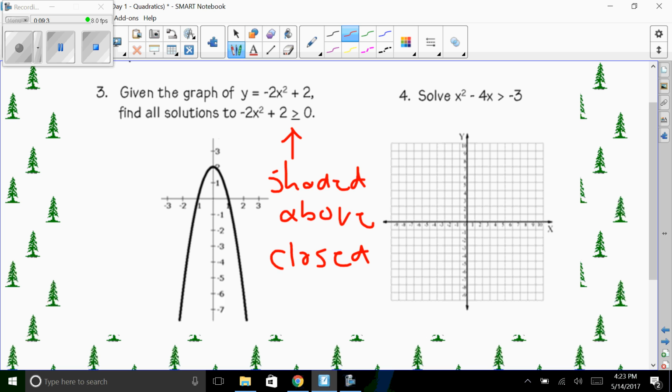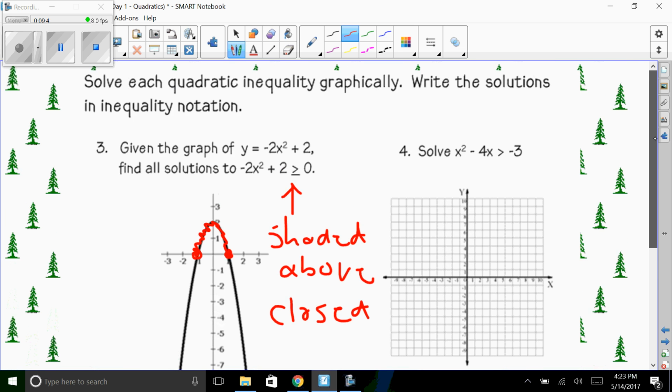Okay, so I'm going to close these intersections, or intercepts, and then I'm going to shade above. All right, we got to read these directions carefully too, because it says solve each quadratic inequality graphically. Write your solution in inequality notation.